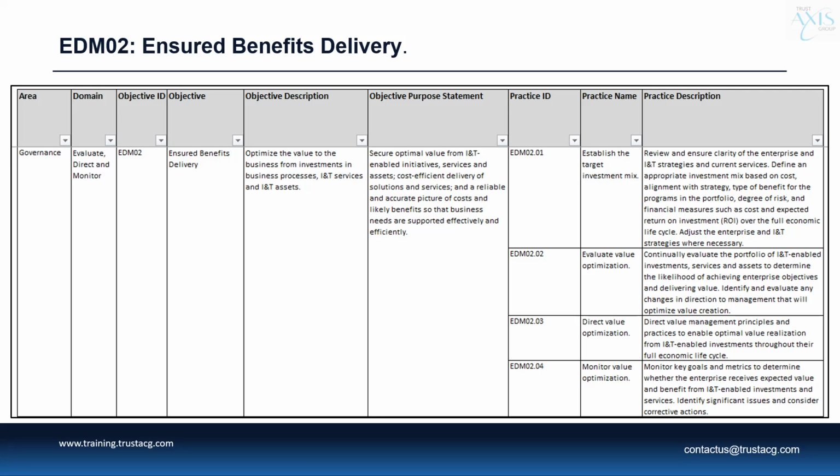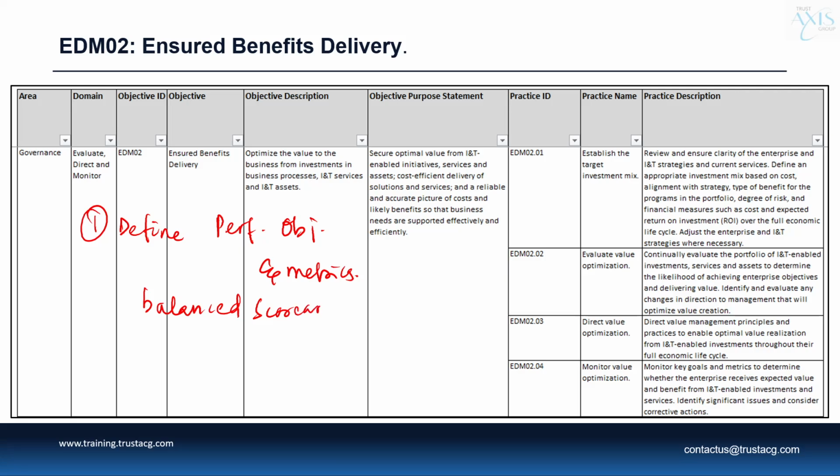Yeah, so the first activity that could be done here is defining performance objectives and metrics, right? So here you will have to develop a balanced scorecard of metrics which cover both activities as well as the outcomes.